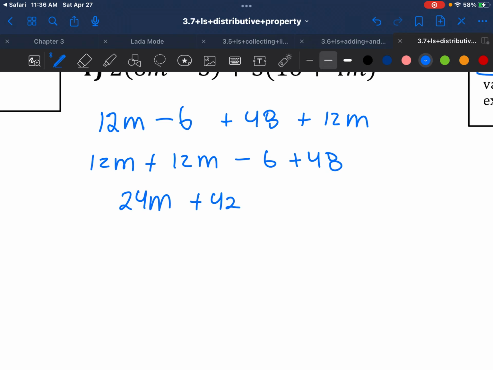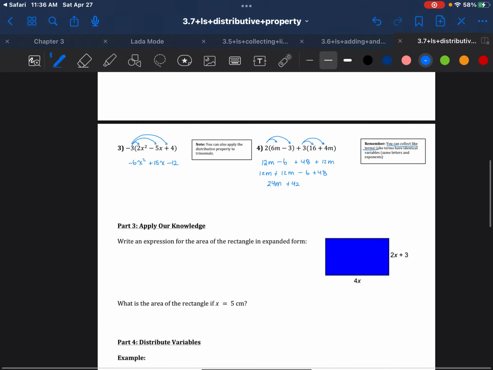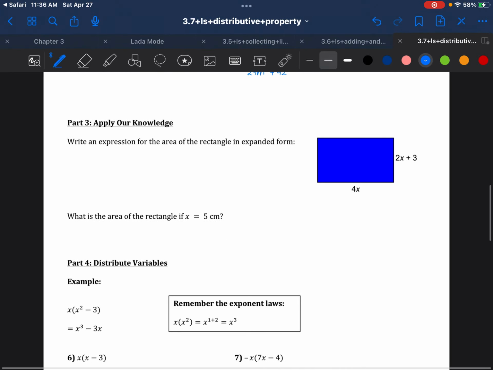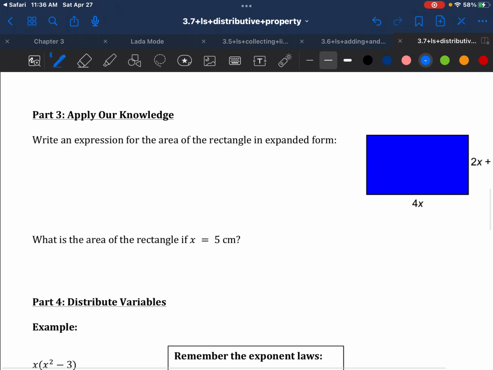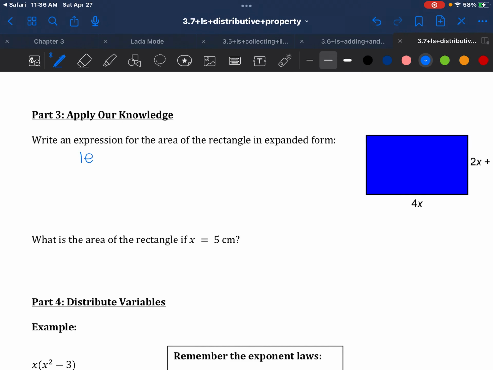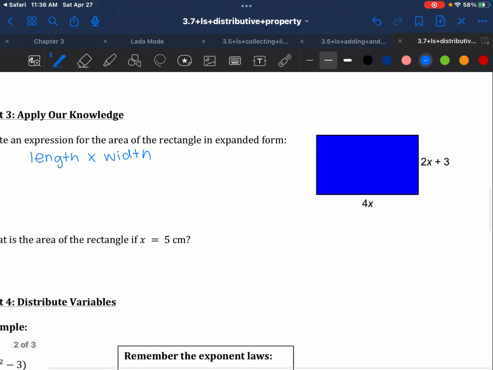Okay, now we're going to apply our knowledge. The area of a rectangle we know is length times width. So we have 4x multiplied by 2x plus 3.